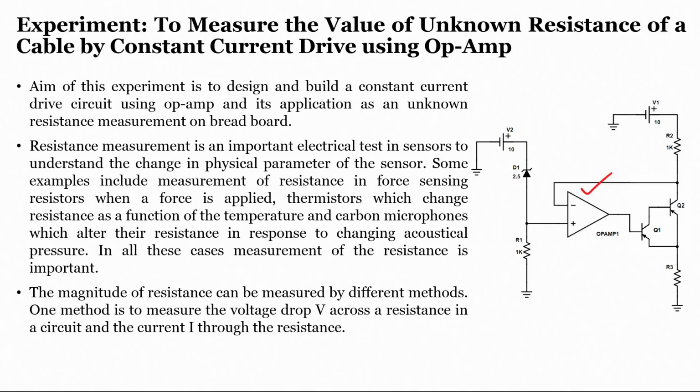Suppose this is my resistor, and I am applying some known constant current I, and I measure the voltage drop V across it. If I want to find R, based on Ohm's law, V by I is nothing but R. If I know this parameter as well as this parameter, it is easy to find out.